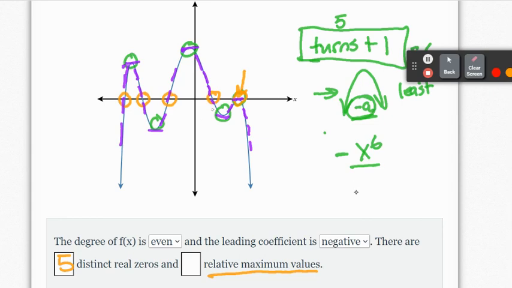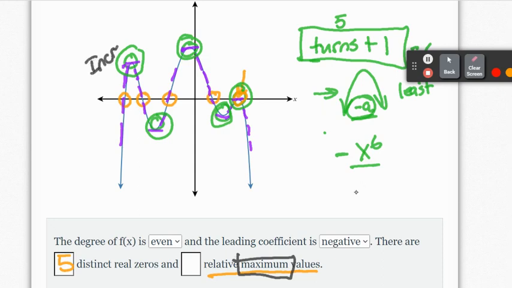I circled them at the beginning. These are the things to emphasize. These are your turning points. Now, any turning point is a moment where the tangent line is 0. We have either a relative max or a relative min. They're called relative extrema. Maximums are the ones where the graph is going from increasing to decreasing.